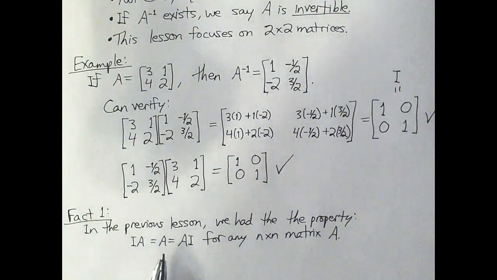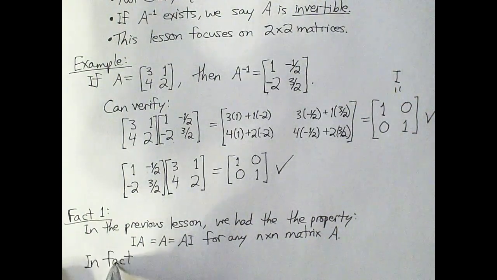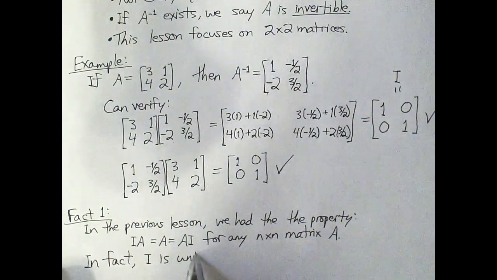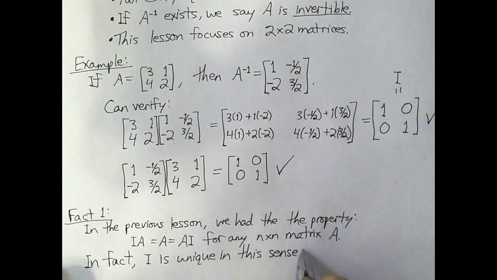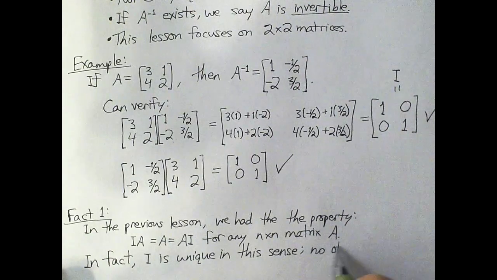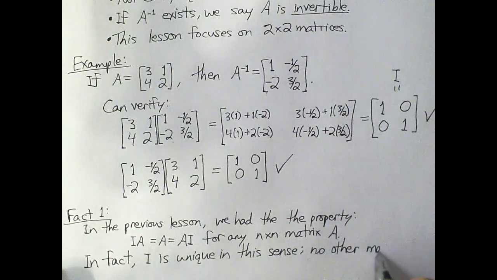When you multiply I times A, it doesn't change A. What I want to tell you as a fact is, in fact, I is unique in this sense. No other matrix does this.